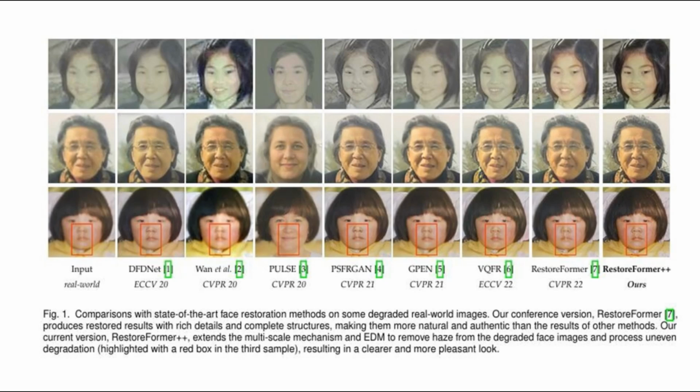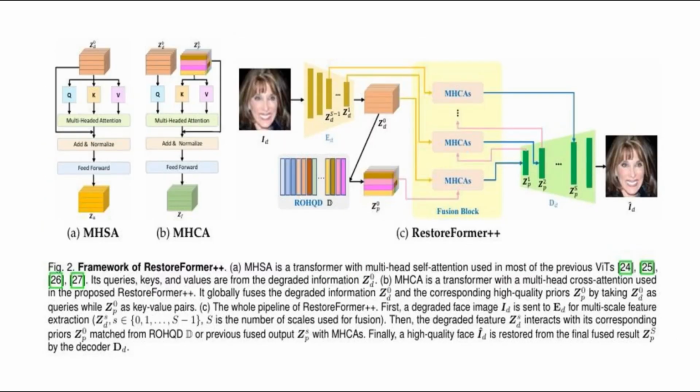Additionally, the model incorporates an extended degradation model, allowing it to generalize beyond synthetic datasets to real-world, low-quality images. And yeah, dear friends, this innovation is a major leap forward for photo restoration, surveillance, image enhancement, and AI-generated face reconstructions with unparalleled fidelity.